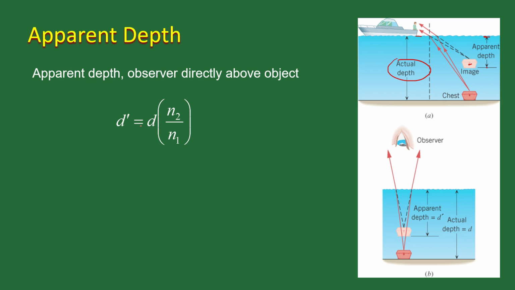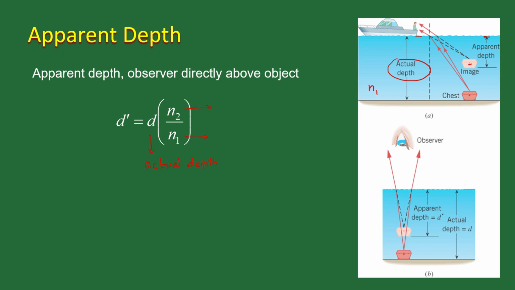Apparent depth could be found by using this formula. In this formula, d prime is the apparent depth, and this d is the actual depth, n2 is the refractive index in the second medium, and n1 is in the first medium. So the light originated from the object in water. That means n1 would be that of water.